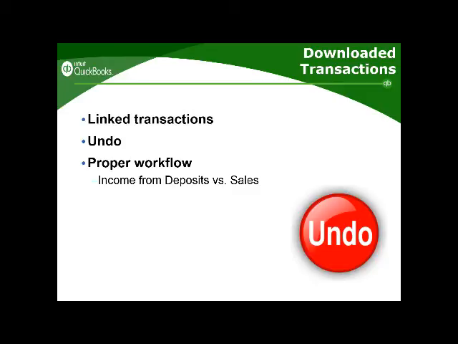What QBO will do is it will notice that, so if I send out an invoice for $150, and there's a deposit that comes in 3 days later for $150, it will suggest that that deposit may be related to the open invoice for the customer.